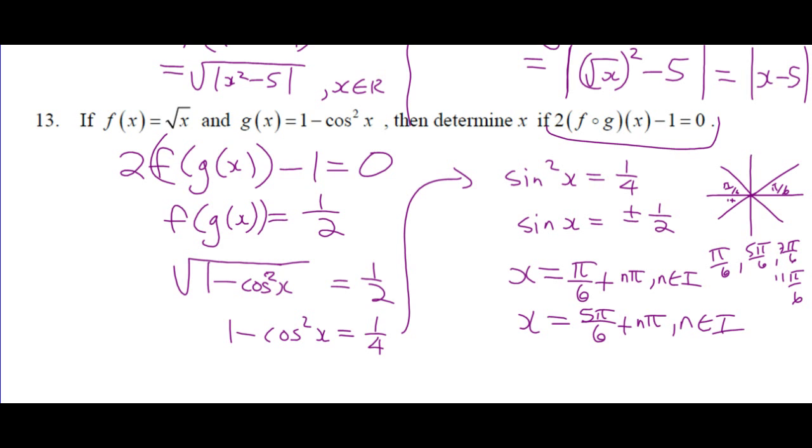Well, oh wait, what's the easier way of doing it? So the other way, you can do it as pi over 6 and 5 pi over 6, or you can just do it as plus or minus pi over 6 plus n pi. Okay. Done.